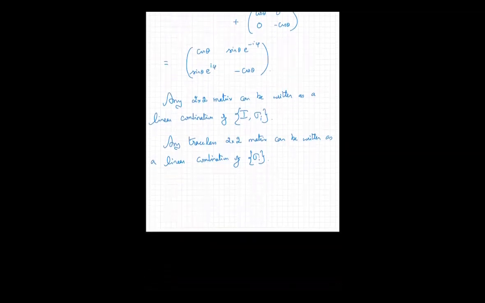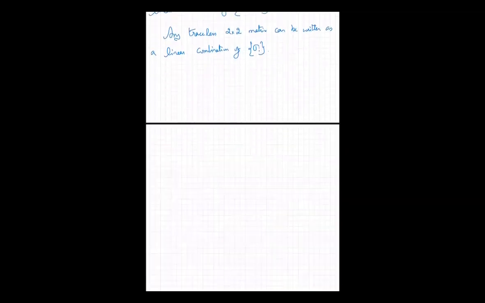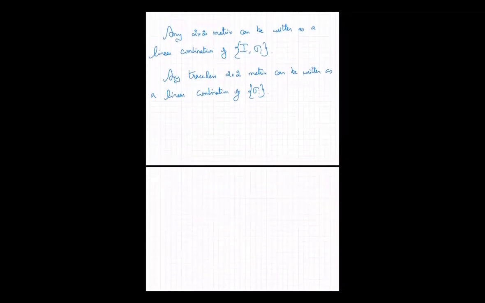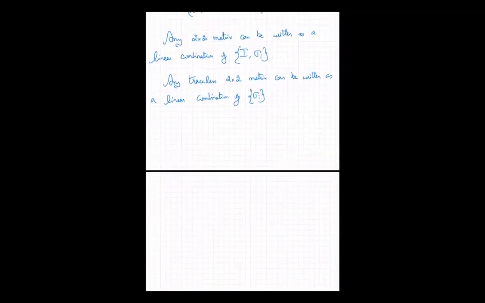So Pauli matrices serve a very useful purpose. Not only are they operators for the j equals 1/2 case, they can also be used in the language of linear vector space as basis vectors to expand any 2 by 2 matrix. If you have a general 2 by 2 matrix, you should be able to expand this as a linear combination of the identity matrix and the sigma i's.